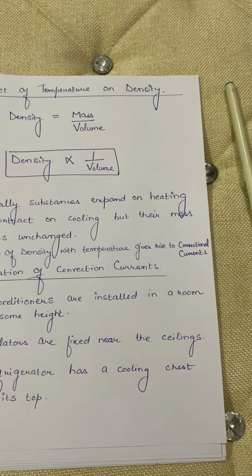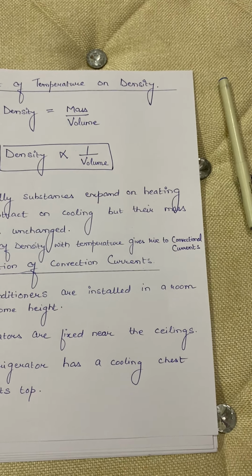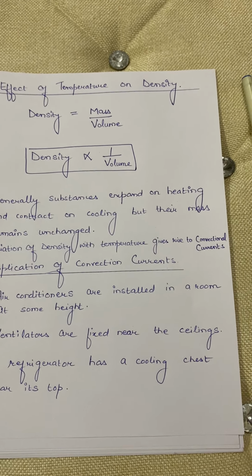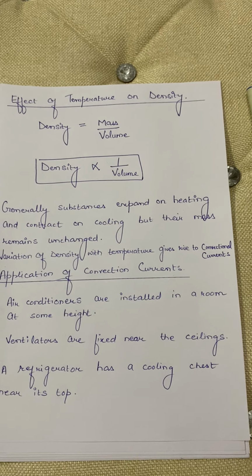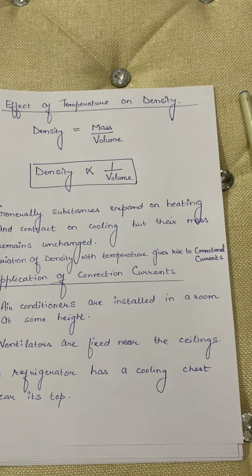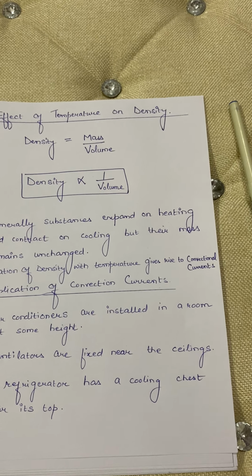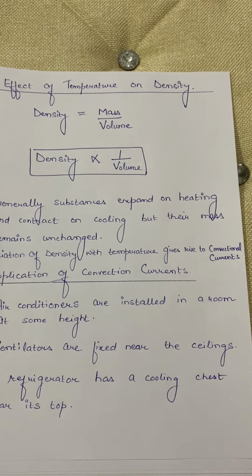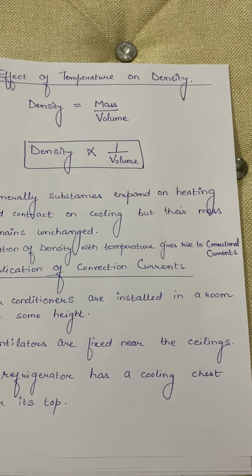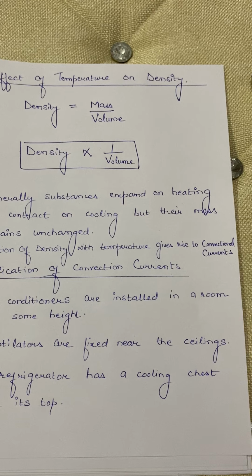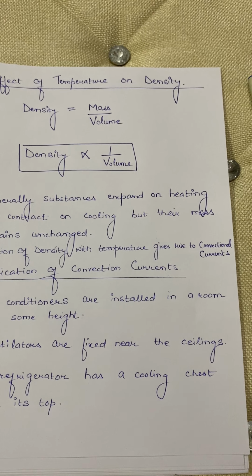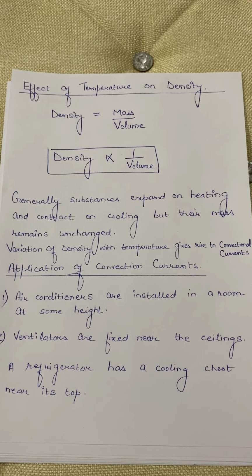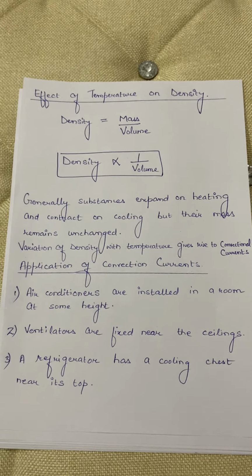The cold fluid, being heavier, moves downwards to take the place vacated by the hot fluid, and the cold fluid then gets heated and again moves upward. This creates a cycle of upward and downward movement of the hot and cold fluid, forming currents in the medium known as convection currents. Is it clear? This is how convection currents are formed.